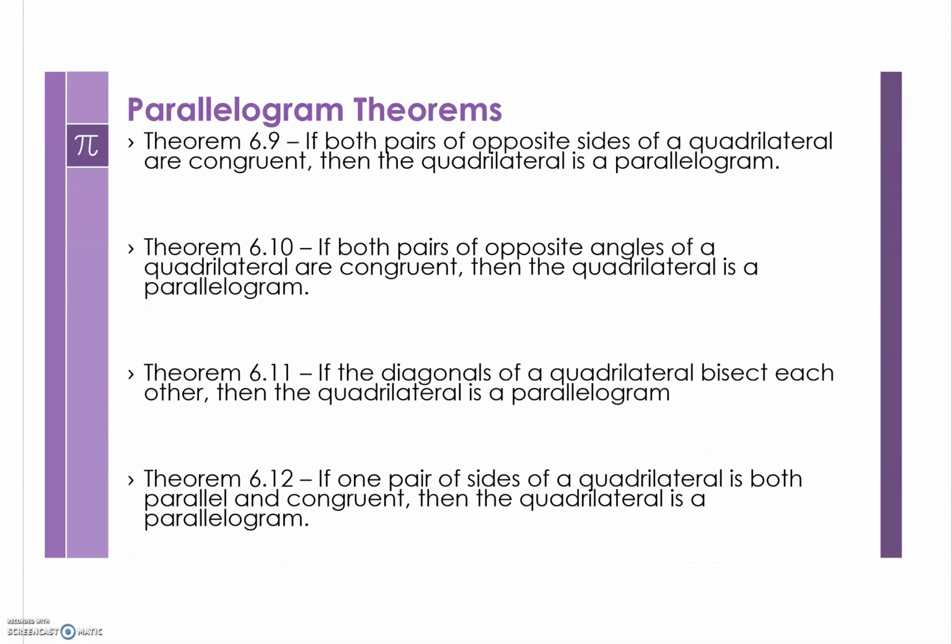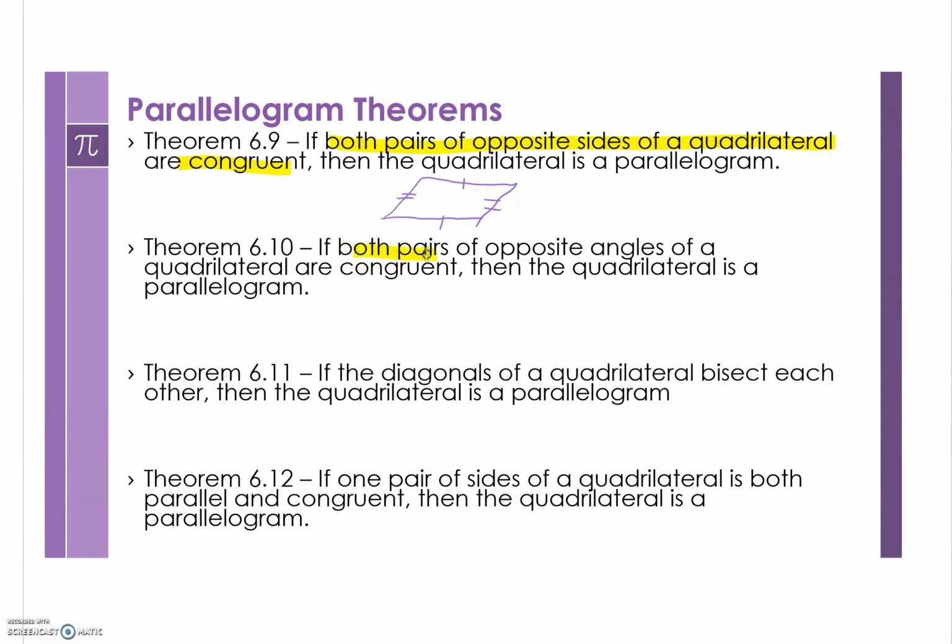All right, we'll start with our theorems that we're going to use. Theorem 6.9 says if both pairs of opposite sides of a quadrilateral are congruent, then it's a parallelogram. So if I have a diagram that looks like this, that pair and this pair are congruent, it is a parallelogram. I do suggest you add the diagrams to your picture.